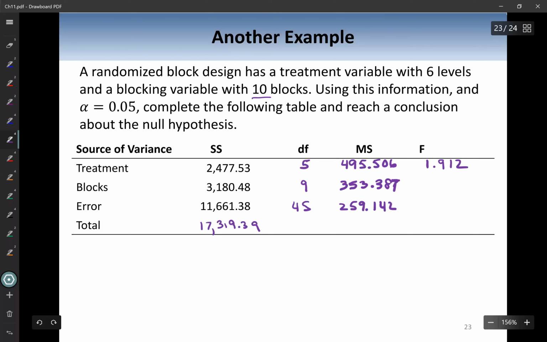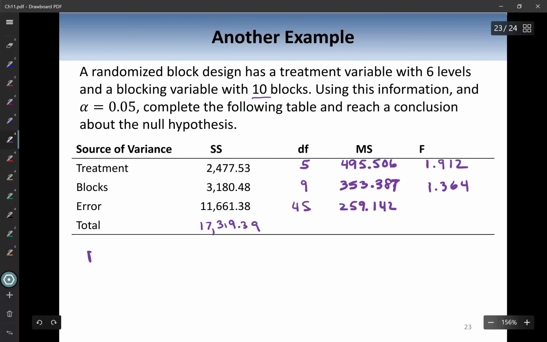Then for the blocks, the F value for the blocks, take 353.387 and divide always by the mean square error, 259.142, and you should get 1.364.